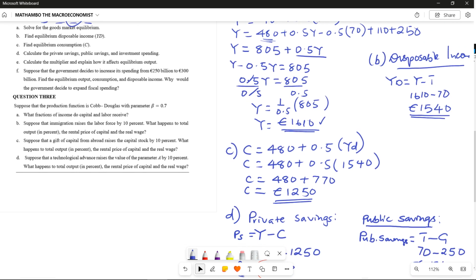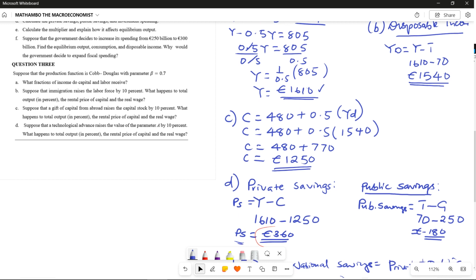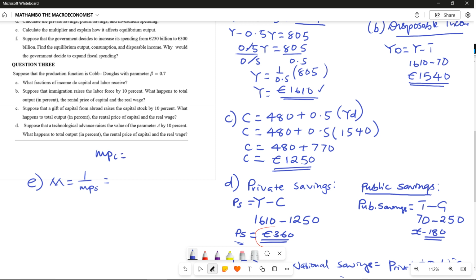Then question E is saying calculate the multiplier. You know that our multiplier is just 1 over the marginal propensity to save. Since we've been given the MPC as 0.5, it means that the MPS is 0.5 as well, because the sum of MPC and MPS should be equal to 1.